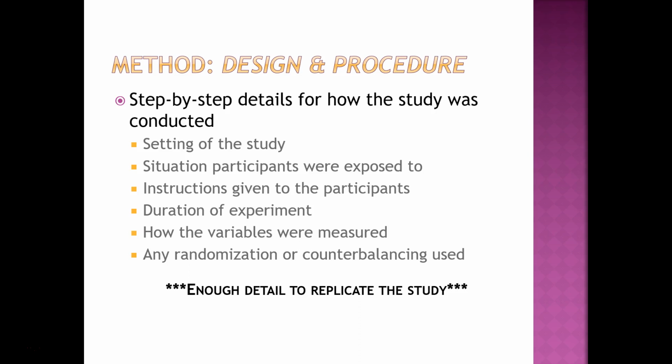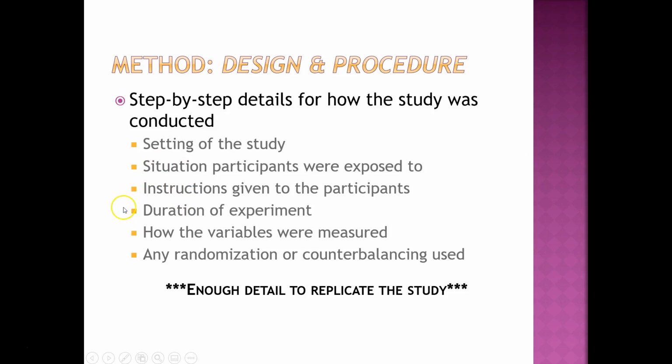So you're describing the room as a large lecture hall with many windows, or a well-lit classroom, or a somewhat darkened theater room, something like that. You're describing the room so that someone could replicate the procedure, but you don't need to give details that would be meaningless to someone reading this article in another part of the country or another part of the world.